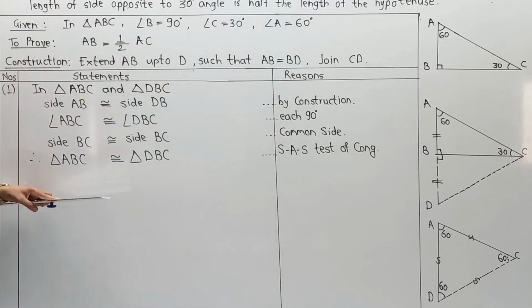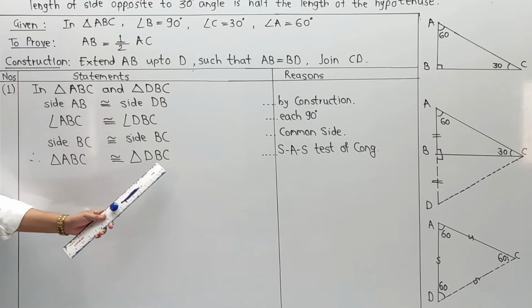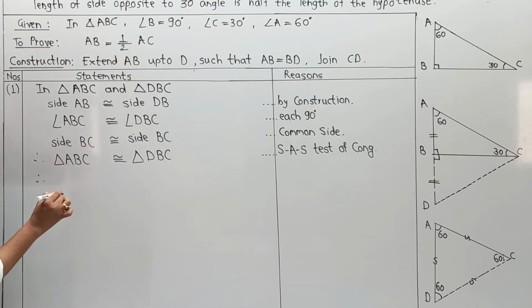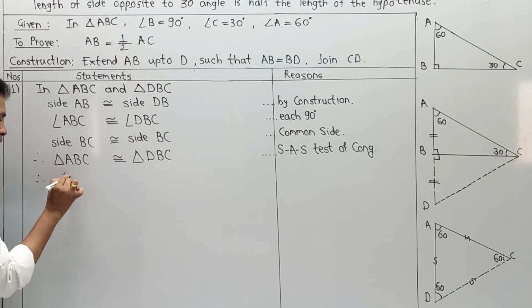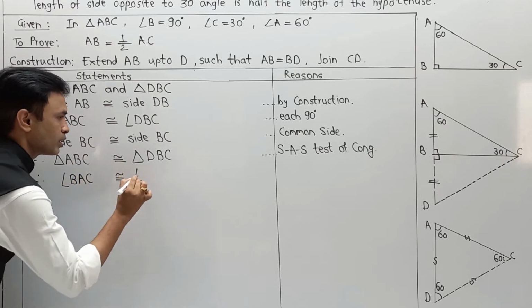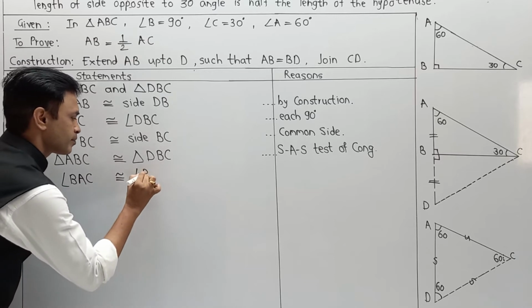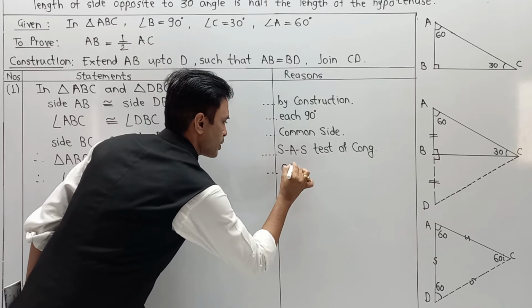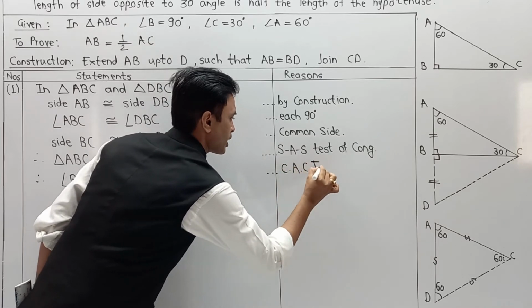Now, in this way, in 4 or 5 lines, we are able to prove that triangle ABC is congruent to triangle DBC. But when two triangles are congruent, their respective sides and respective angles must be congruent. Naturally, we can write, therefore, angle BAC is congruent to angle BDC, and the reason is corresponding angles of congruent triangles.